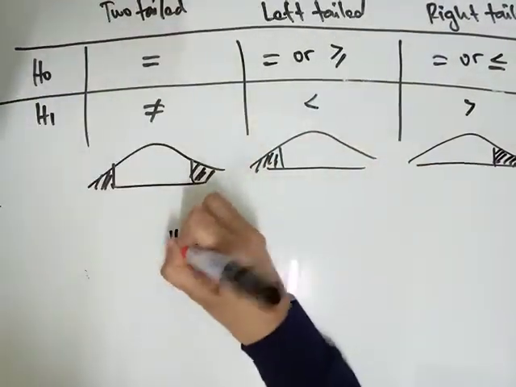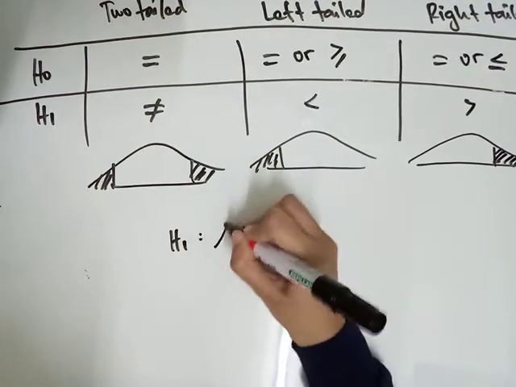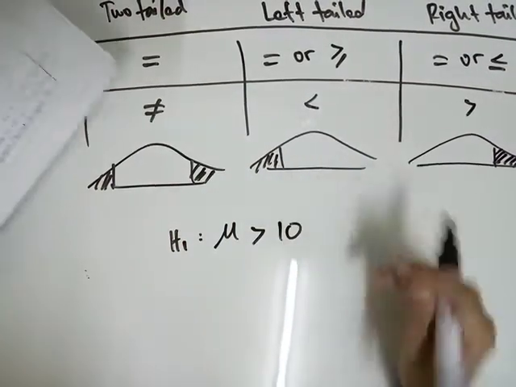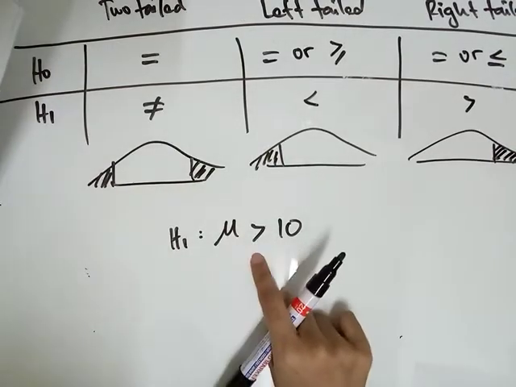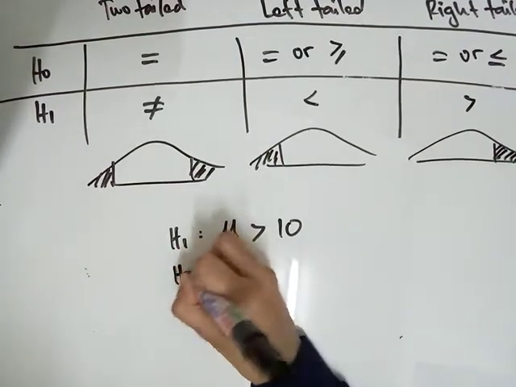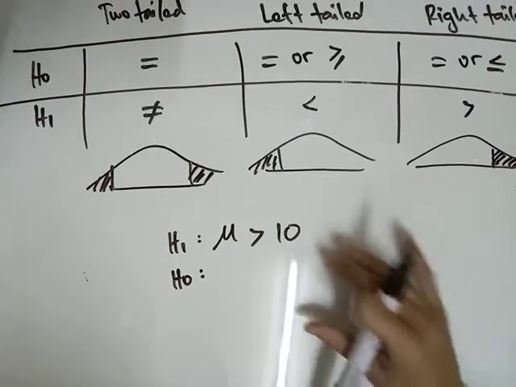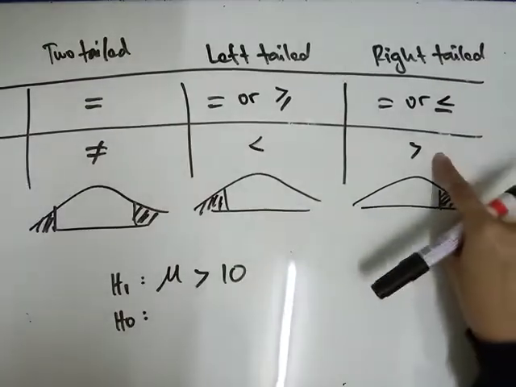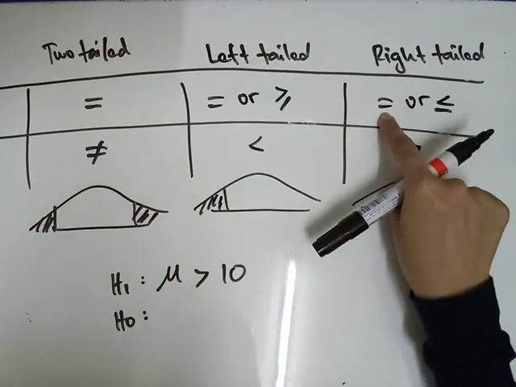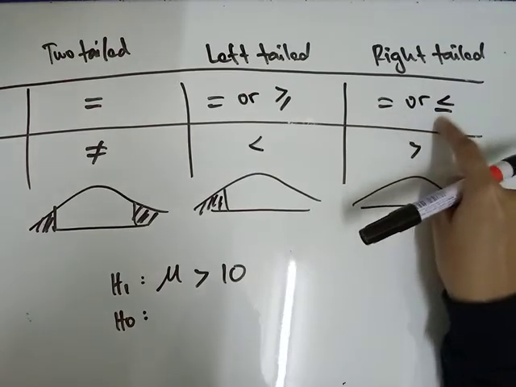So we state H1 mean more than 10 hours. This one is for H1. For H0, it must be its partner. So if H1 is more than, H0 is equal or less than and equal.